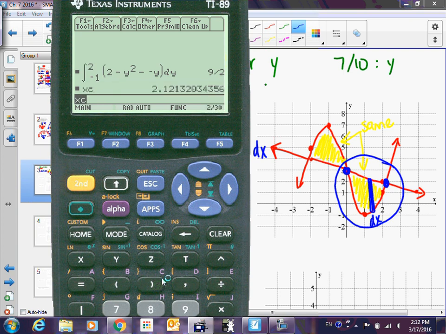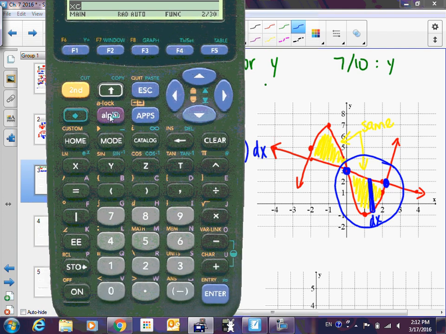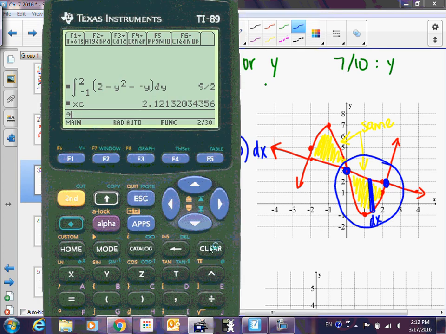And then you could store it in for A or whatever. So those are options that you have. I'm not going to do that here, but you could store it in for that.